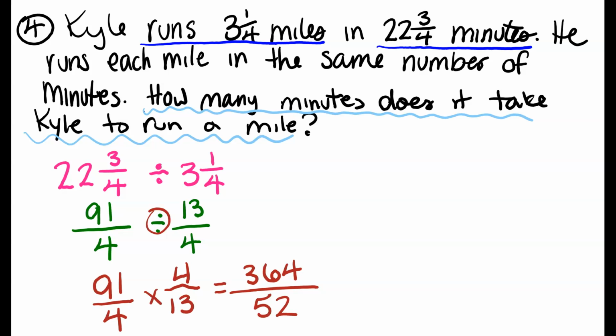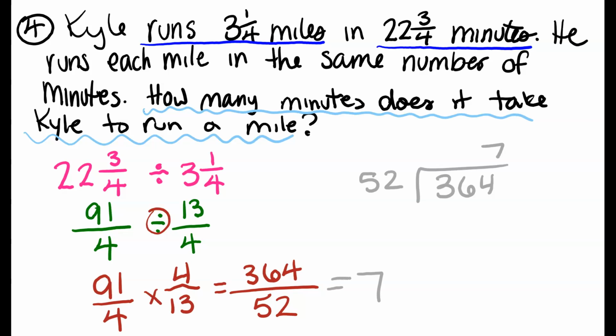Then I need to find out how many times 52 can go into 364 and see if there's anything left over. But again, I know this sign right here means divide. So I'm just going to get a calculator and I'm going to do 364 divided by 52, which gets me 7.